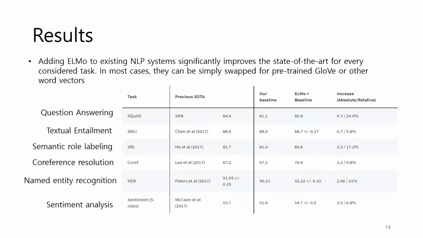Its baseline, the ESIM sequence model, uses a bi-LSTM to encode the premise and hypothesis, followed by a matrix attention layer, a local inference layer, another bi-LSTM inference composition layer, and finally a pooling operation before the output layer.